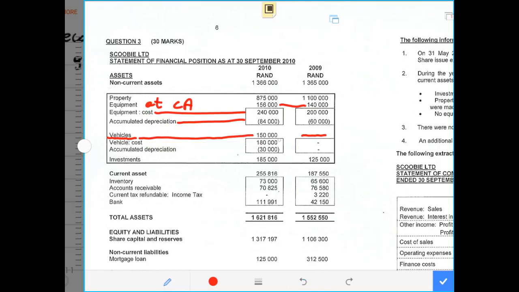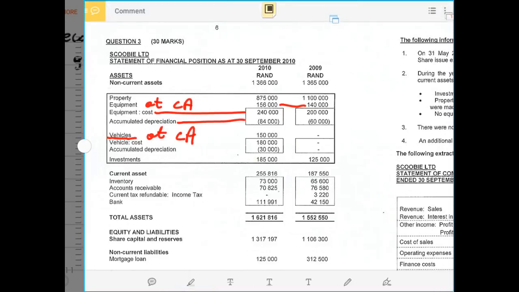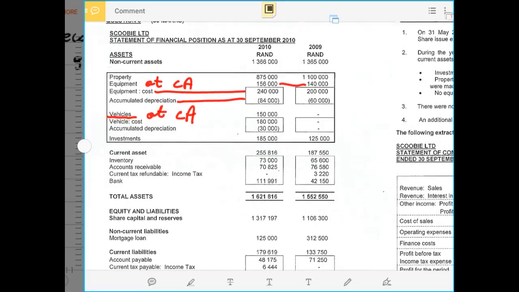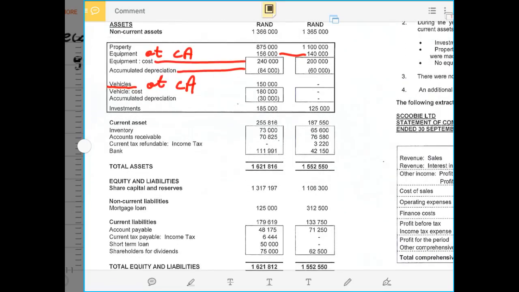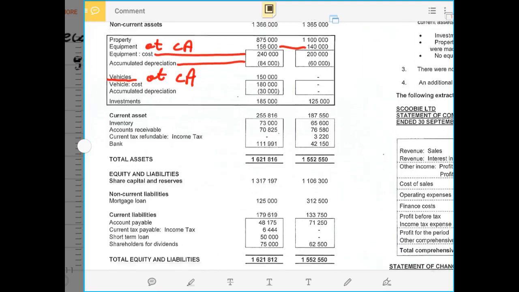If you say 180,000 minus 30,000, that will give you the vehicles at carrying amount of 150,000. If you want, you can highlight that and say vehicles at carrying amount, 150,000, as I have noted it. Then after, we have investments, and they are recorded correctly.